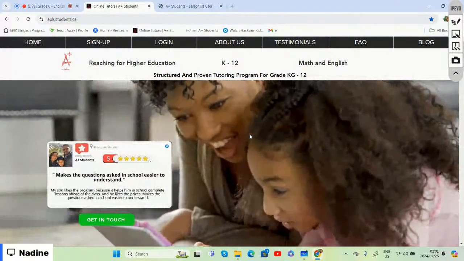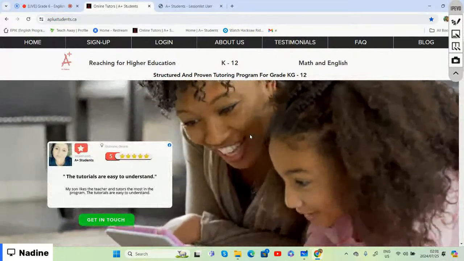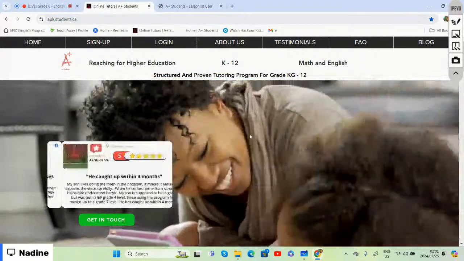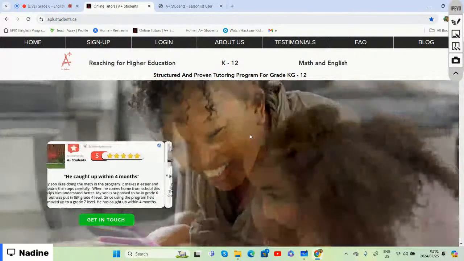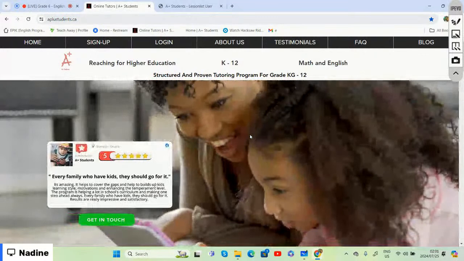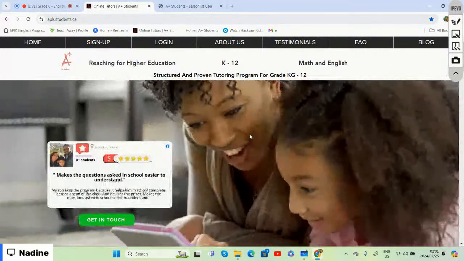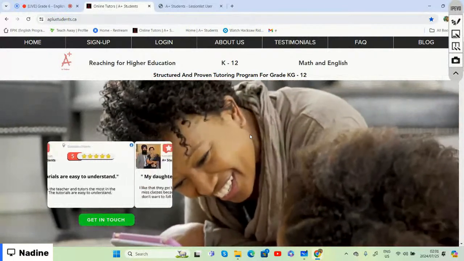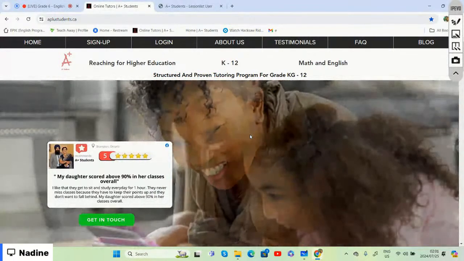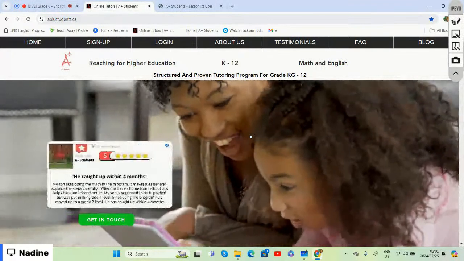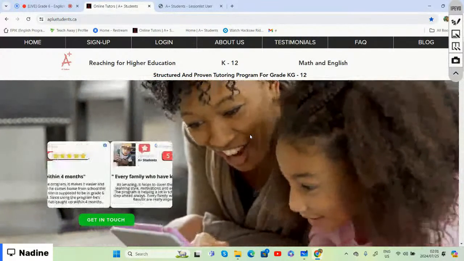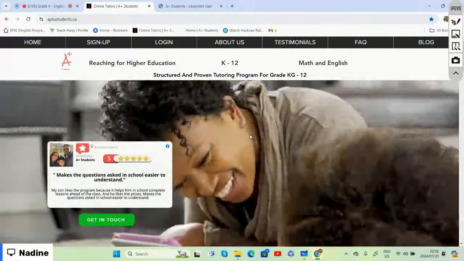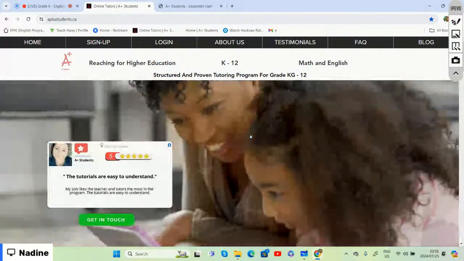Once you've logged on with our username as well as our password, we're going to select the subject of English language arts, Grade 6. And then we're going to scroll down until we get to the chapter of sentence types.